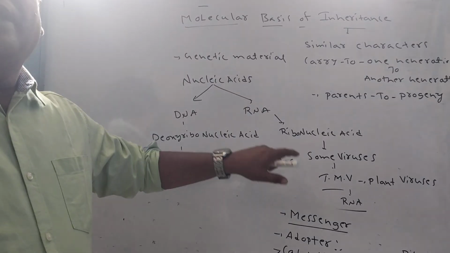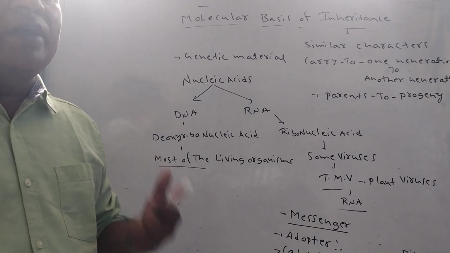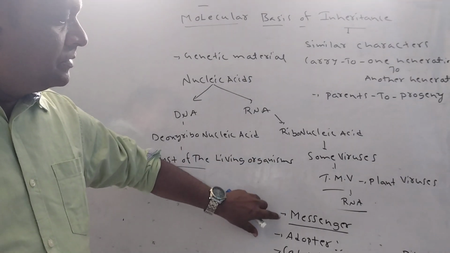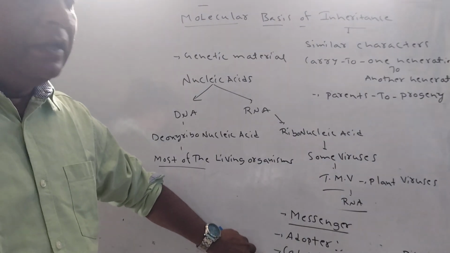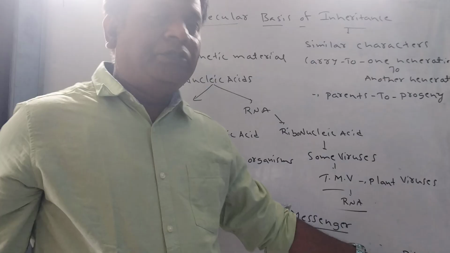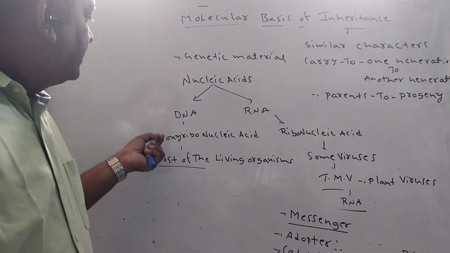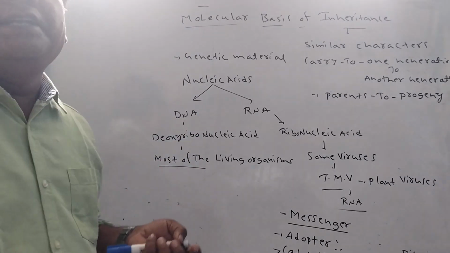RNA is not the main genetic material, it is genetic material only in some viruses. They also perform other functions, that is the messenger, adapter, and catalytic property. Deoxyribonucleic acid, in most of the living organisms, DNA is the genetic material.